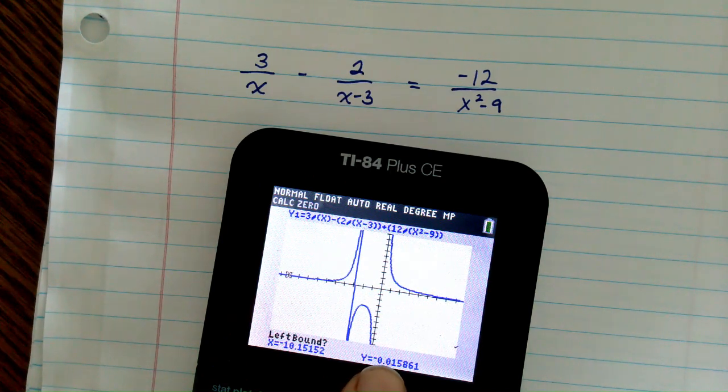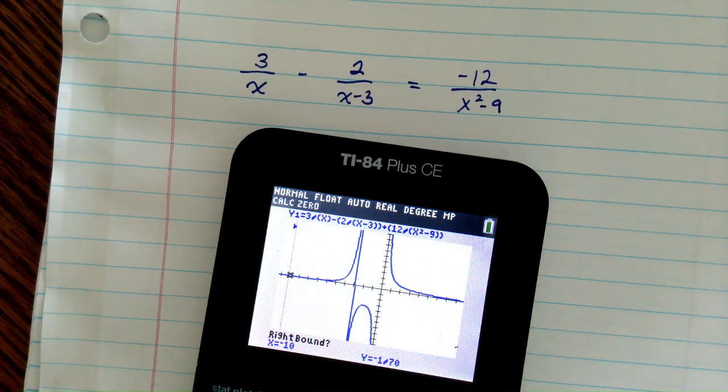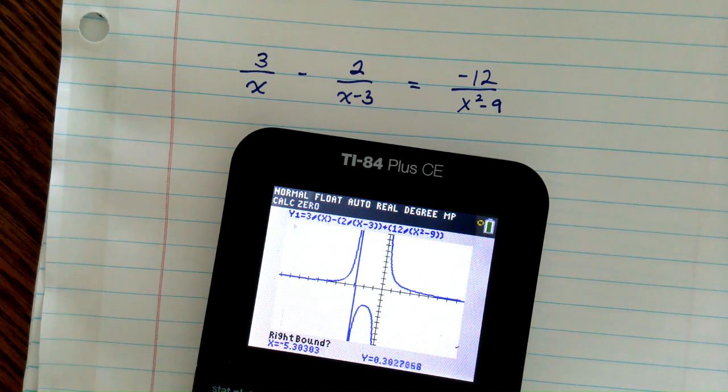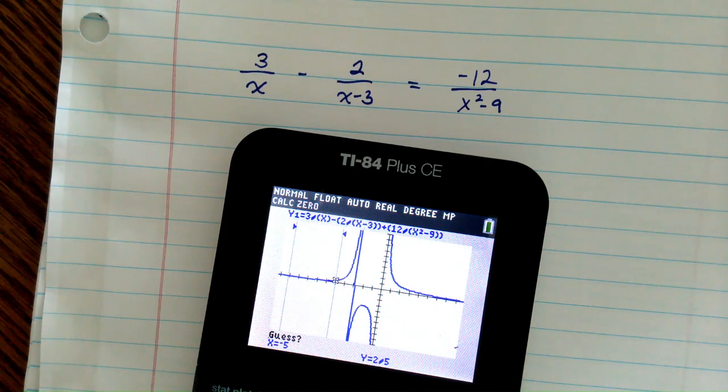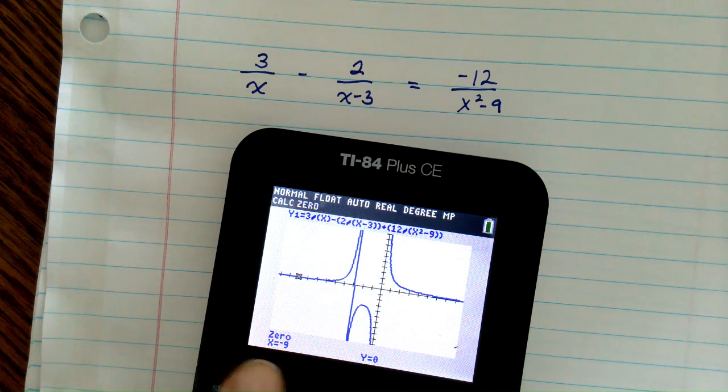I can see that my y's are negative here, where they were positives. So somewhere in here it had to have crossed the x-axis. It's saying at -9.